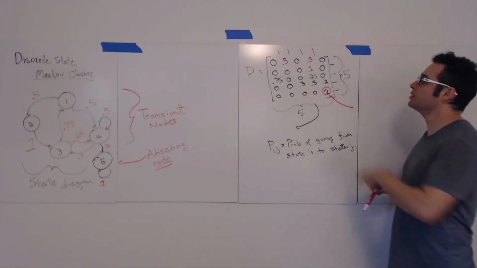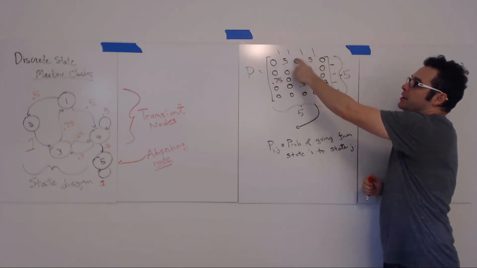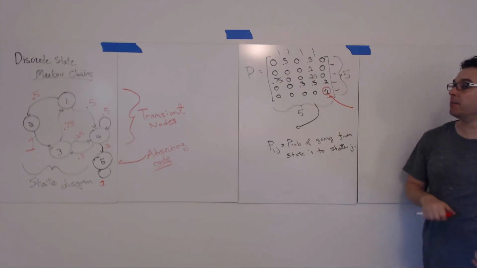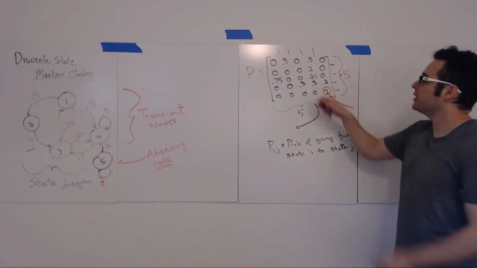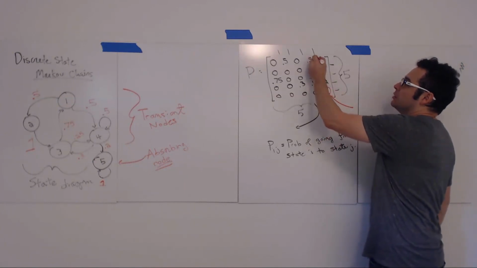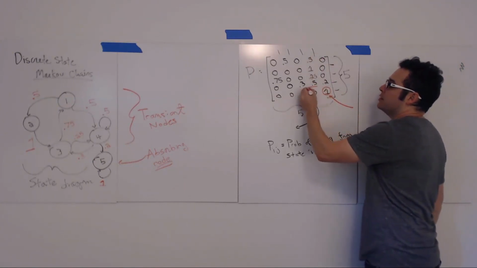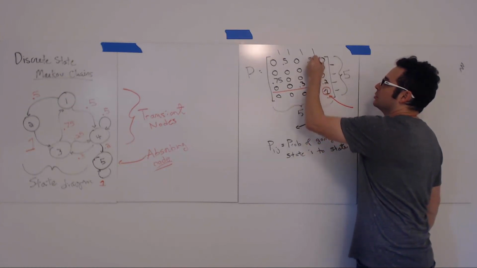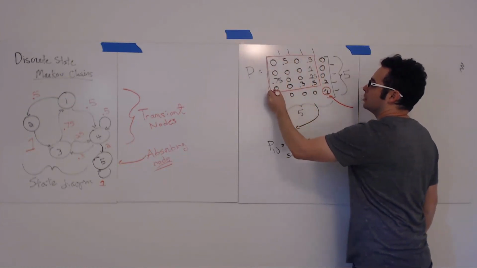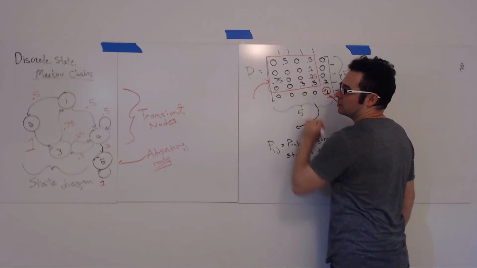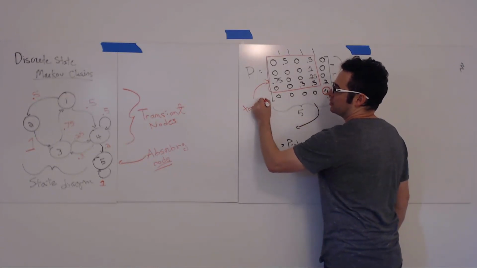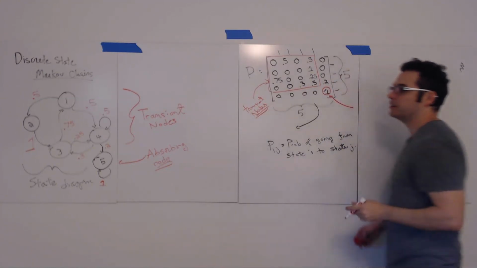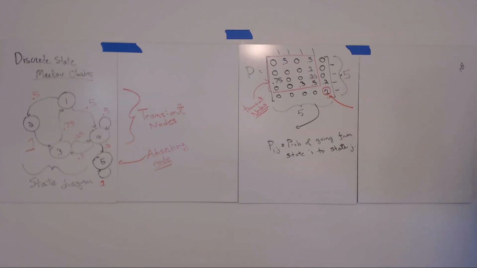Now, if you look at all these other nodes, they all have probabilities leaving them. That gives us an indication that these nodes here represent transient nodes, that you can pass through those nodes.